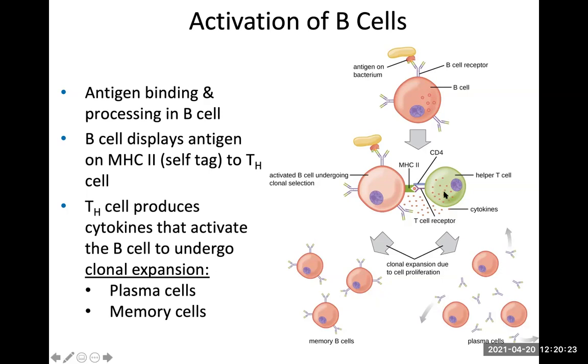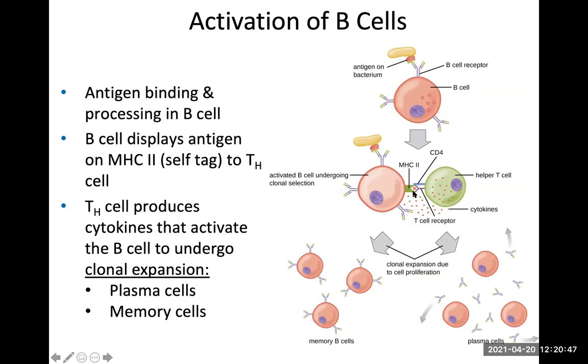And this T cell, who has also seen this antigen, this helper T cell has already been activated, we say. And it's saying, yeah, this is an actual true problem. You're not doing something wrong.